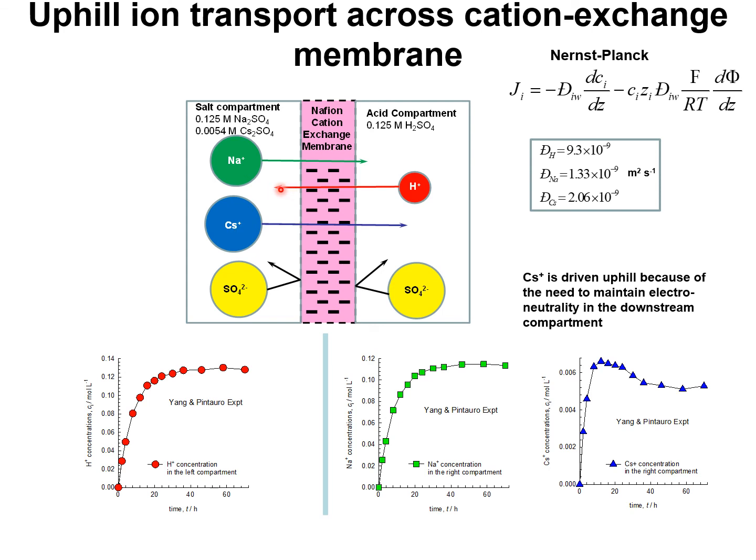The fast entry of hydrogen ions into the left compartment causes an excess of positive charge, and that positive charge creates an electrostatic leash that enhances the transport of cesium from the left compartment to the right compartment in order to maintain electroneutrality in this compartment.